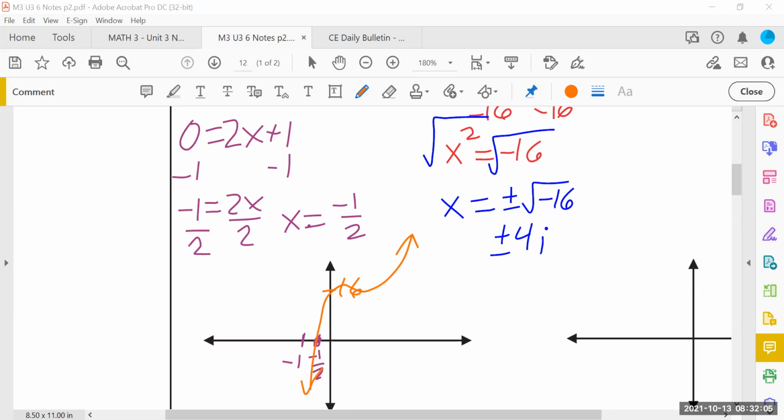So let's check. I'm curious for this one. If we go to Desmos, and we put this one in, somebody read me the original equation. It's y equals 2x to the third plus x squared plus 32x plus 16.